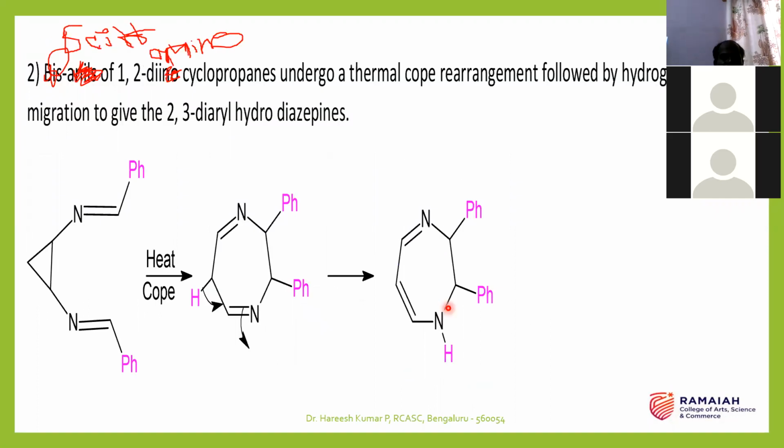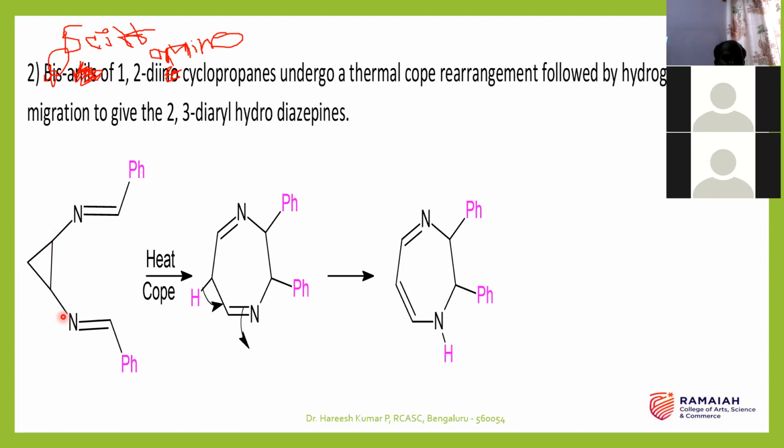Next slide, here I am taking, I think you know, this double bond, and this is how this particular compound is prepared. Here, I think you know that this is the cyclopropane. So this is 1, this is 2.